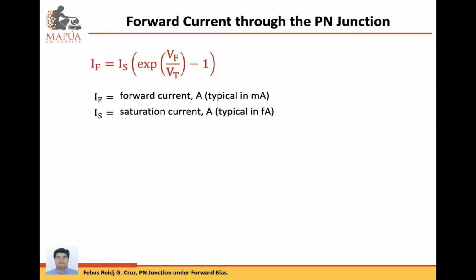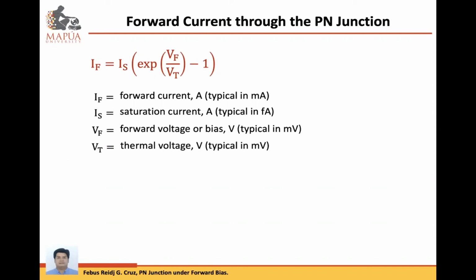IS is the saturation current in amperes, typically in femtoamperes. VF is the forward voltage or bias in volts, typically in millivolts. VT is the thermal voltage, typically in millivolts.